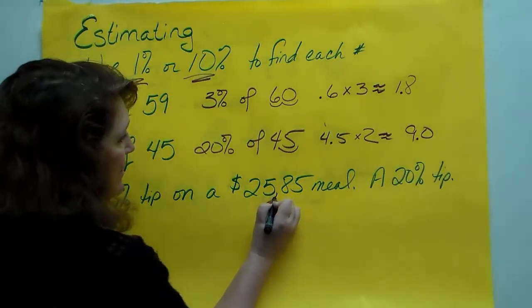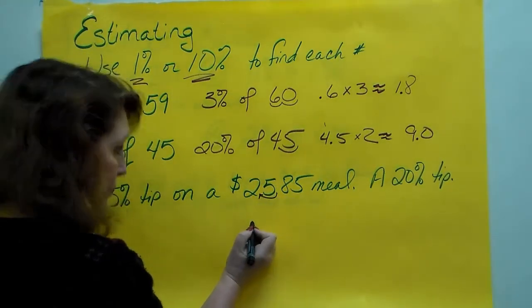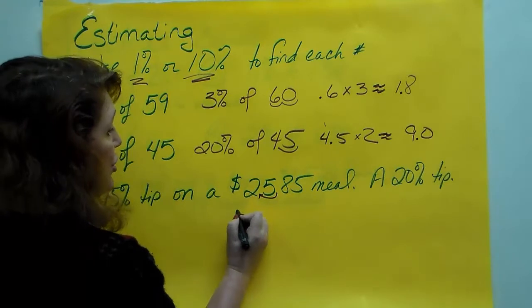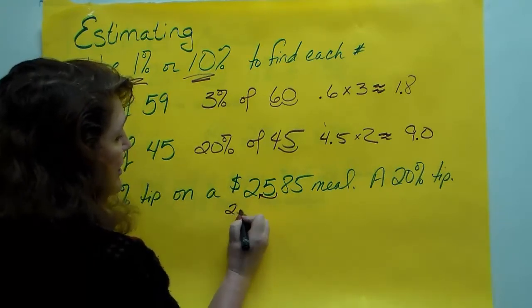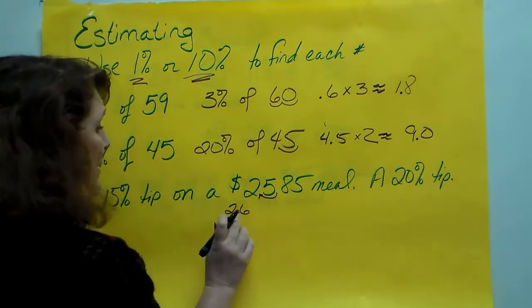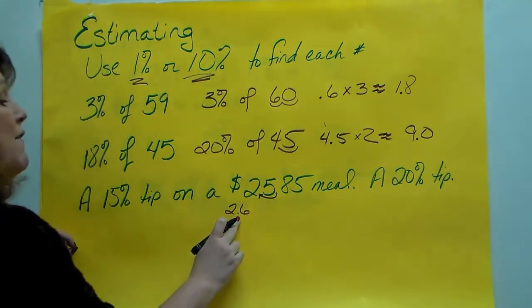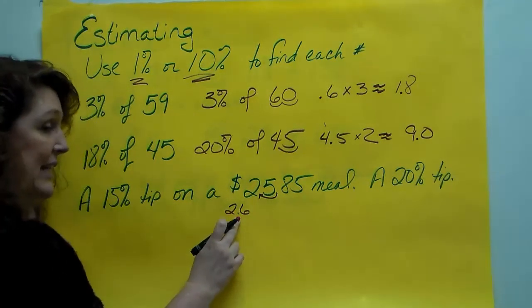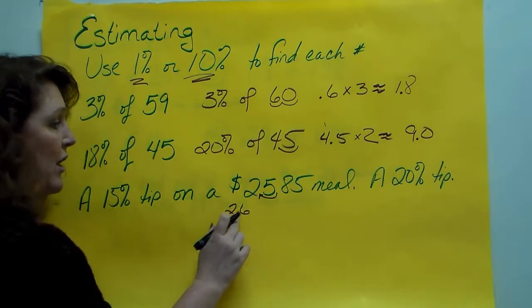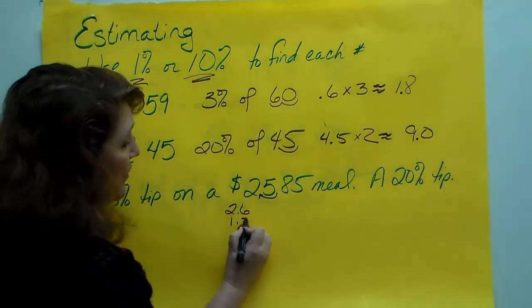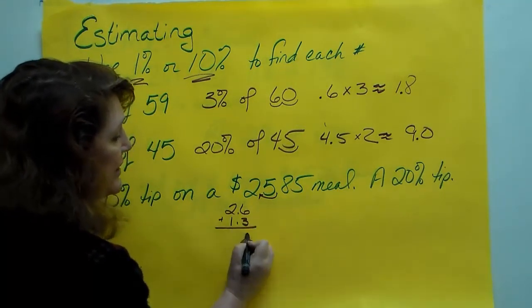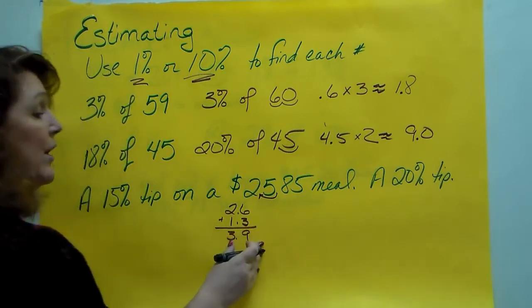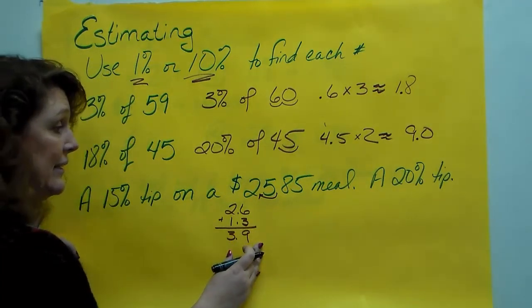A 10% tip means I move this decimal over 1 spot. So that's 2.58. So let's round up to 2.60. That's my 10% tip. Now, 5% is half of this. Half of $2.60 is $1.30. And if I add those together, I get $3.90.